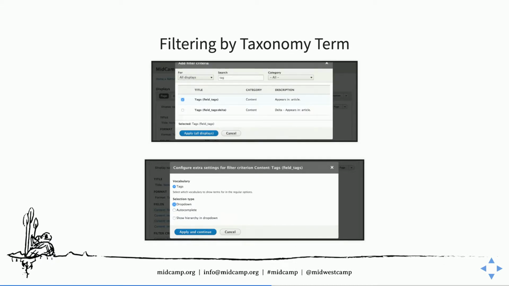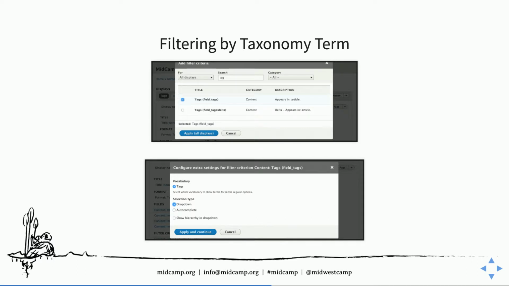In this case, we're going to filter by a tag or a taxonomy term. Drupal comes with the ability to define taxonomy terms, which is a way of tagging or categorizing content. In our case, we have kittens and puppies. So maybe we have a vocabulary of different types of baby animals, and then we define kittens and puppies as the terms on that vocabulary.